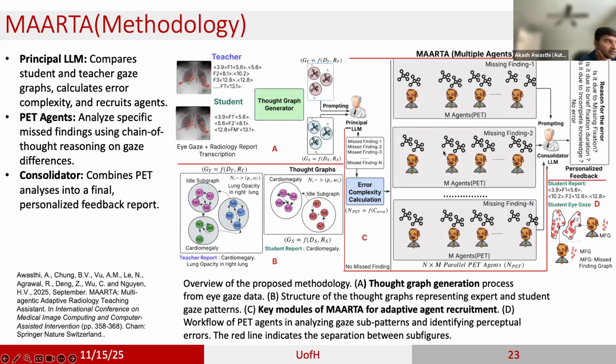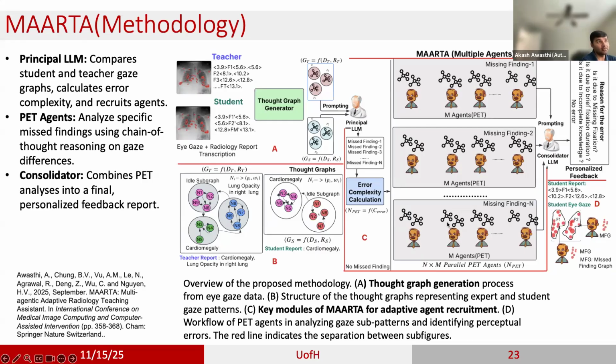Did you get the answer for the first question? It is a little complicated, but I'm happy to answer if you don't understand that. Oh, that was clear. Okay. So basically, it's more of an adaptiveness to the number of abnormalities and also the complexity of each abnormality.